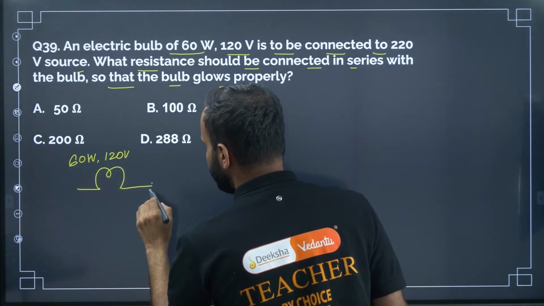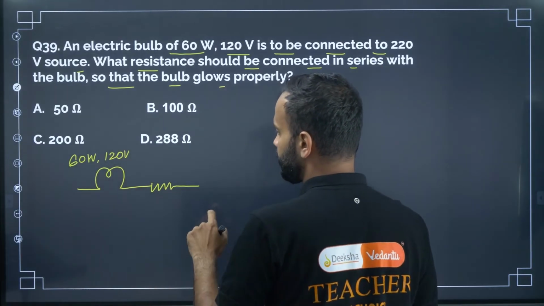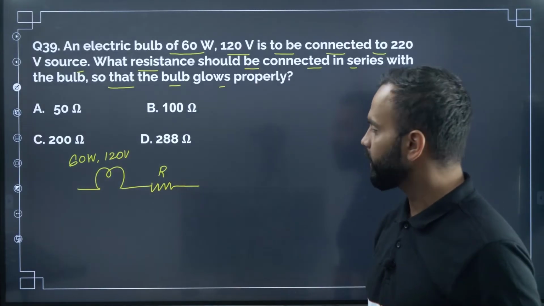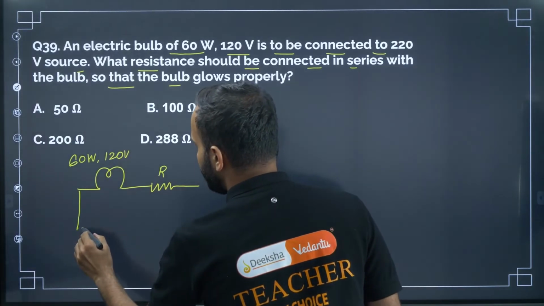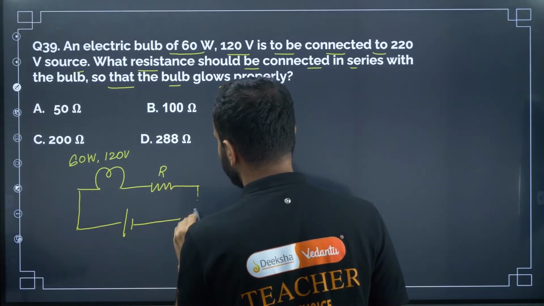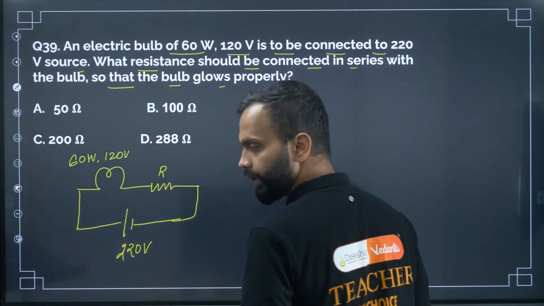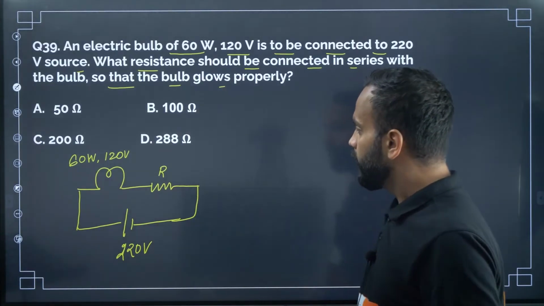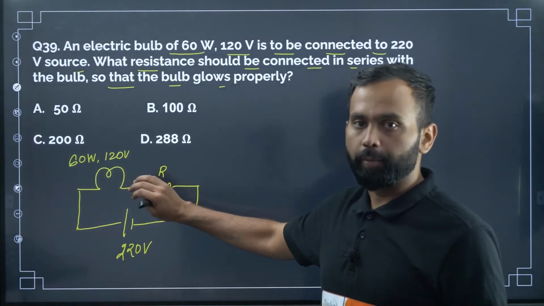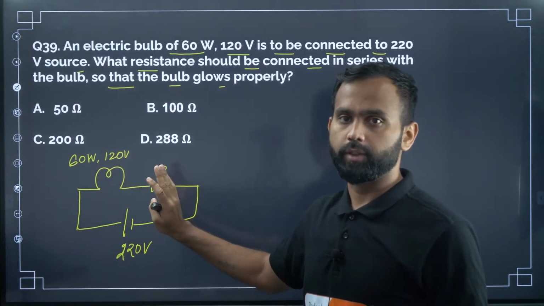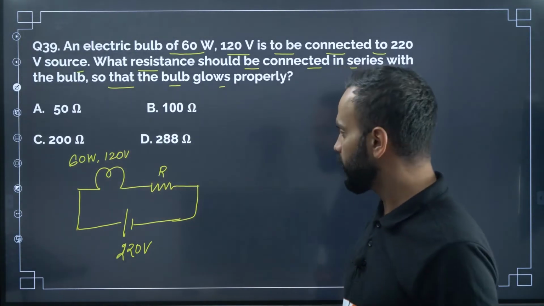This bulb is connected to a 220 volt supply. For the bulb to glow properly, the potential difference across the bulb must be equal to 120 volt.